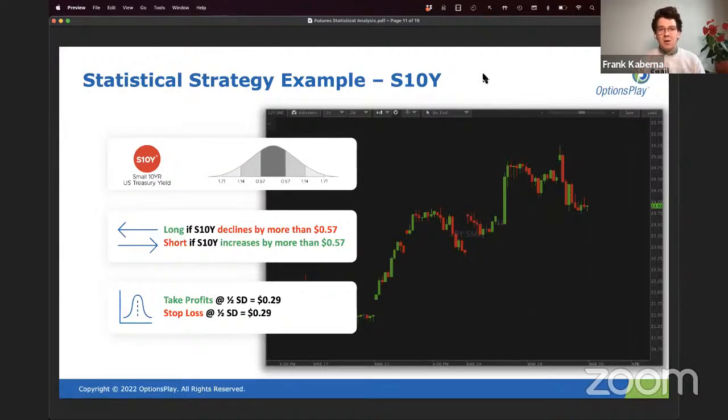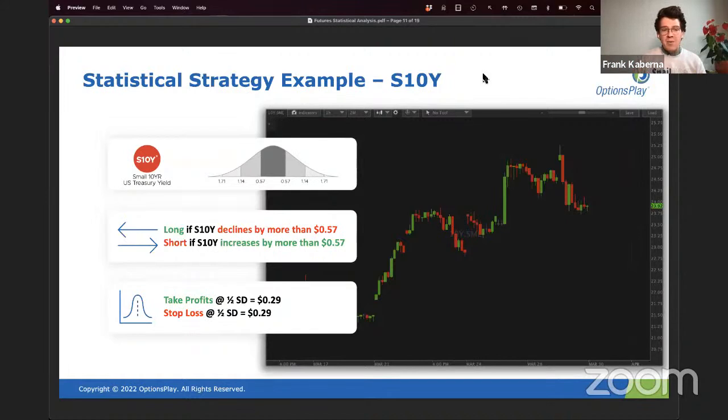I knew people who traded literally the 10-year US Treasury note, cash and futures and everything else here. And knowing these statistics, Tony, some people would stack both sides of the book, starting at 1/2 a standard deviation all the way up to 2, and they would scale that position. So maybe I'm selling one lot at 1/2 a standard deviation, 2 at 1 standard deviation, and then 5 at 2 standard deviations.